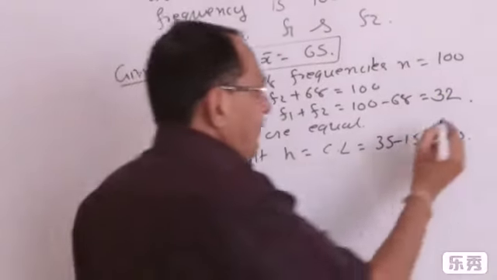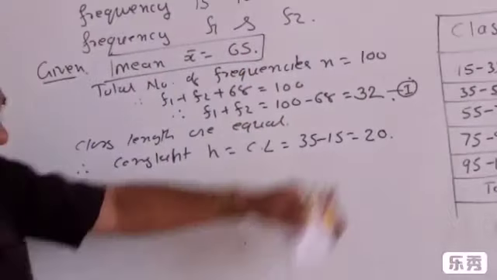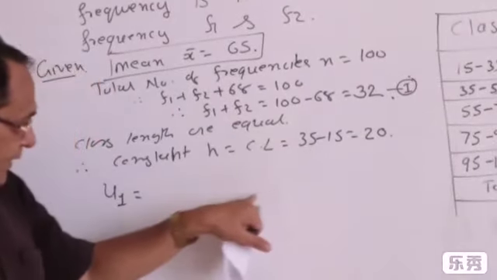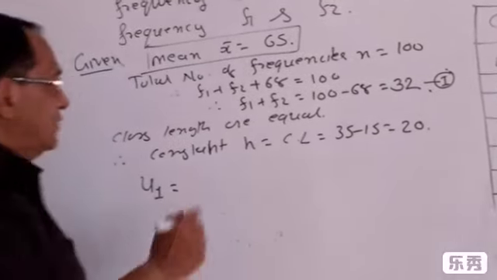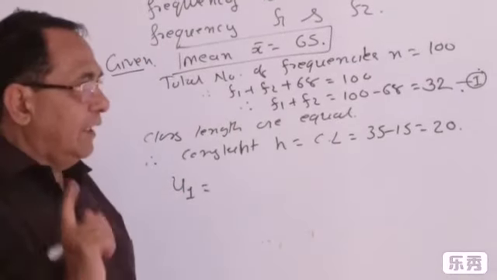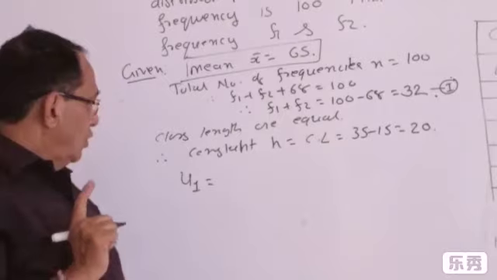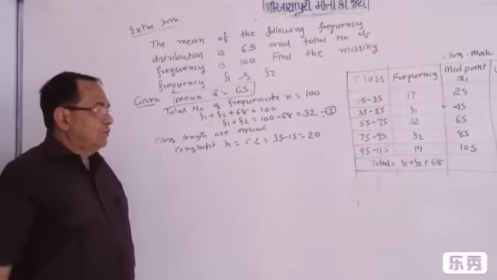This is equation number 1. Now we will get the second equation from the formula and solve both equations to get the values of f1 and f2. First, find the assumed mean.